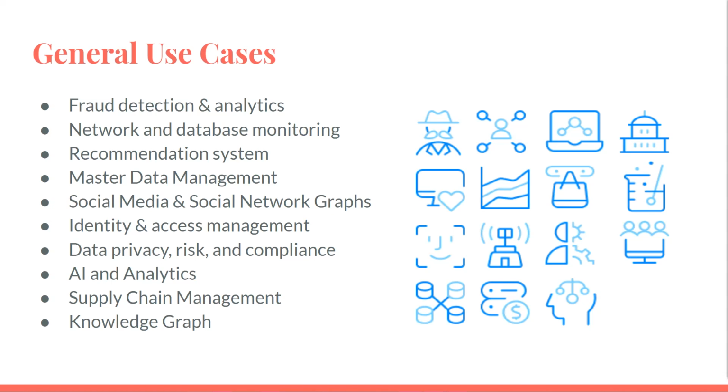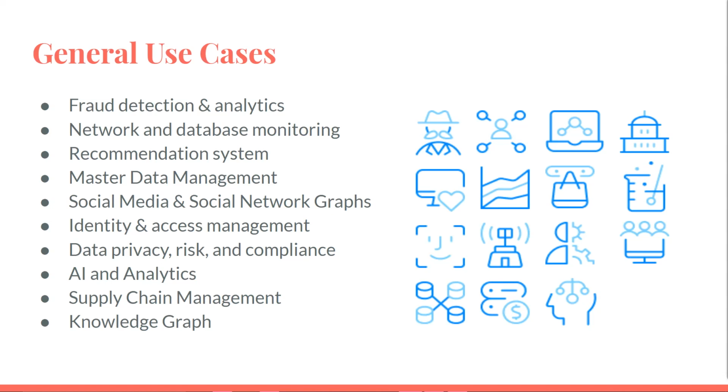Our next use case is social media and social network graphs. Whether you're leveraging declared social connections or inferring relationships based on activity, social graph databases such as Neo4j offer a world of fresh possibility when it comes to creating innovative social networks or integrating current social graphs into an enterprise application.